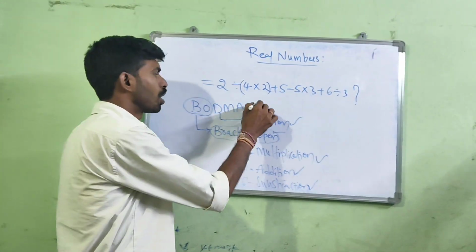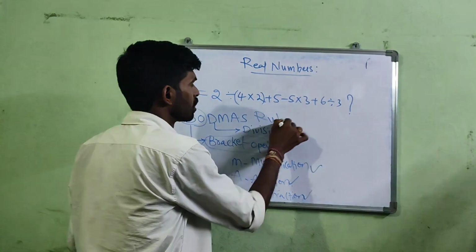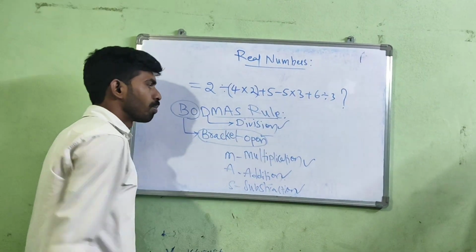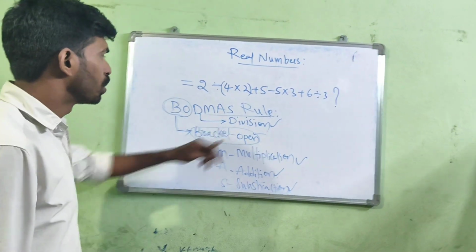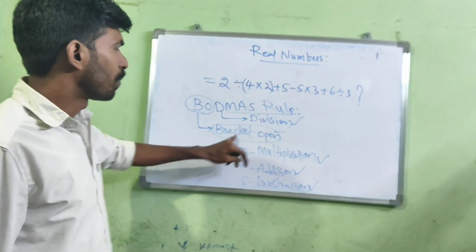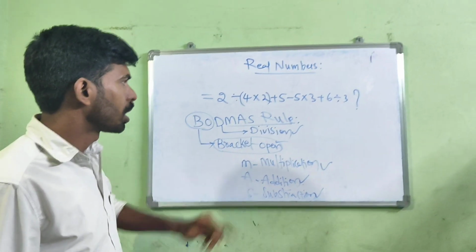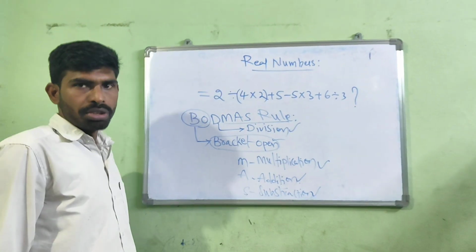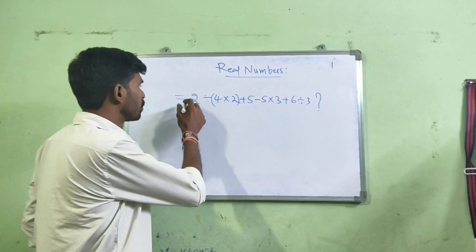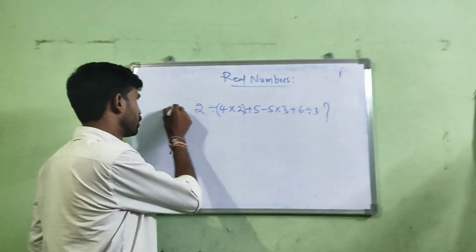That is nothing but the BODMAS rule. First bracket open, division, multiplication, addition and subtraction.